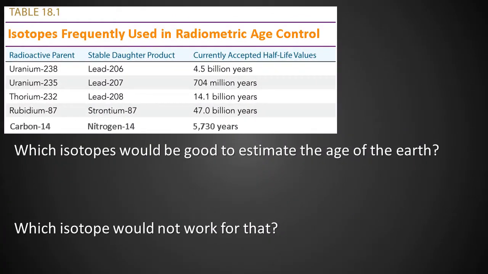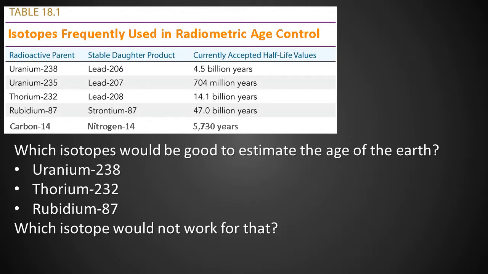This table lists some radioactive isotopes used for determining the age of geologic units and processes. Which isotopes would be good to estimate the age of the Earth? That's right.